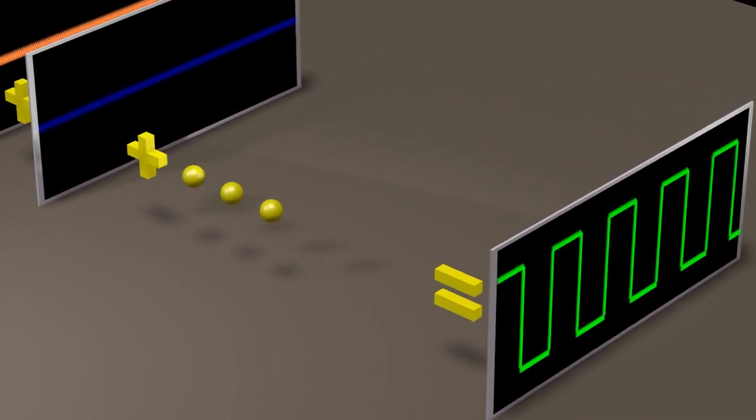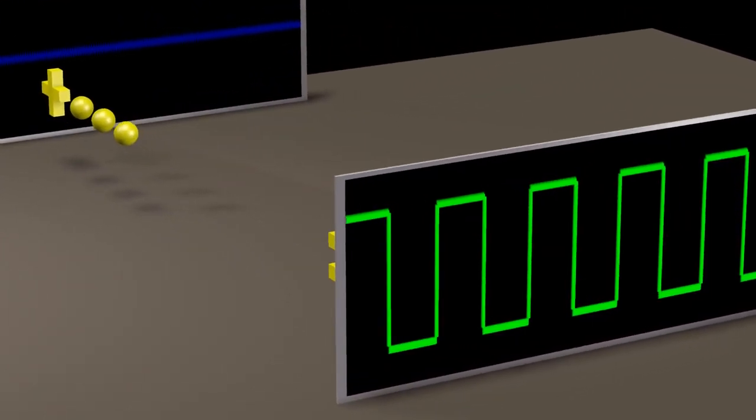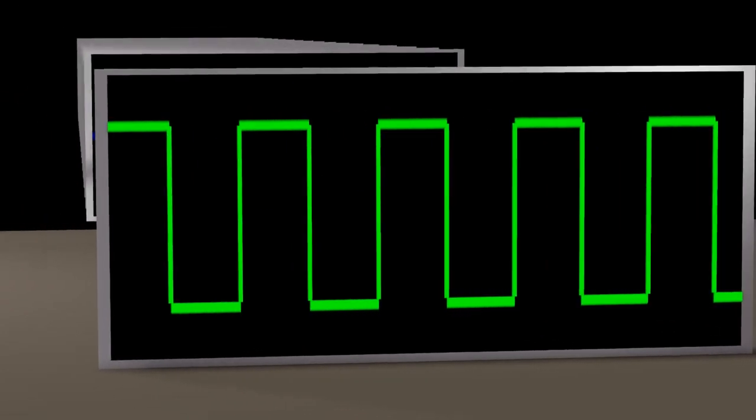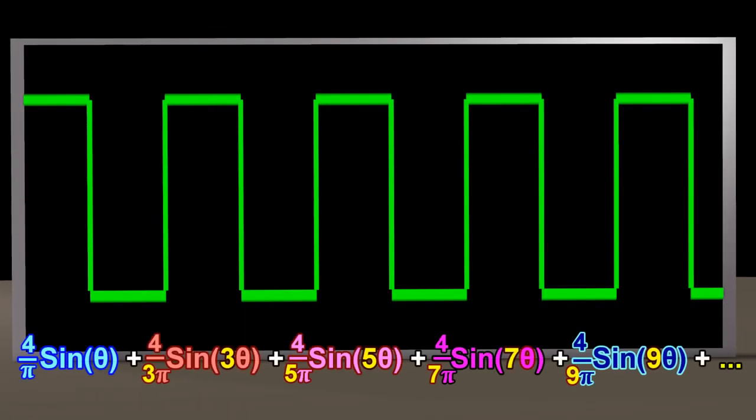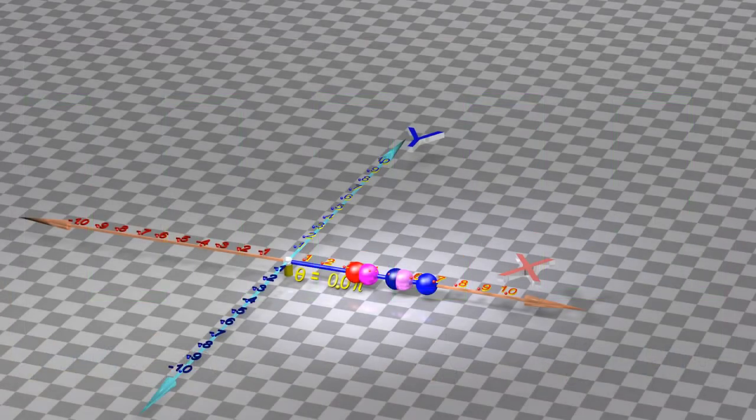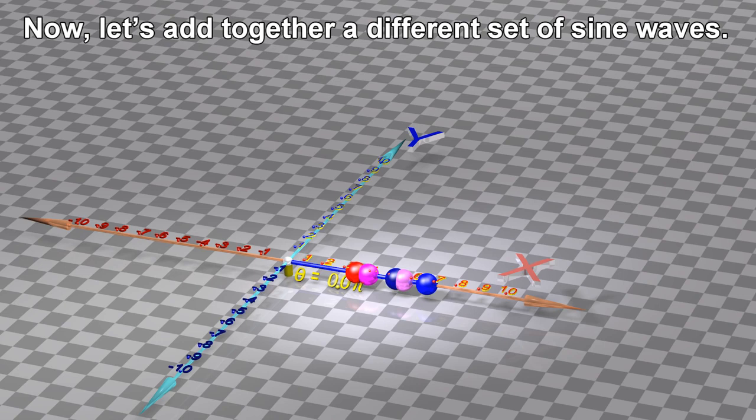Here, by adding together an infinite number of sine waves, we have produced a pattern that looks like this. Now, let's add together a different set of sine waves.